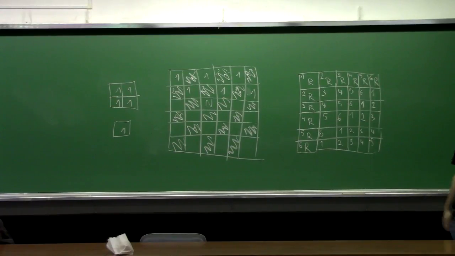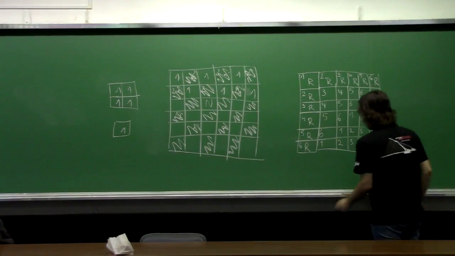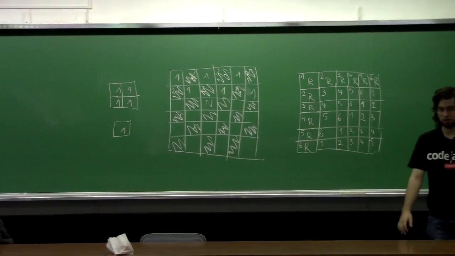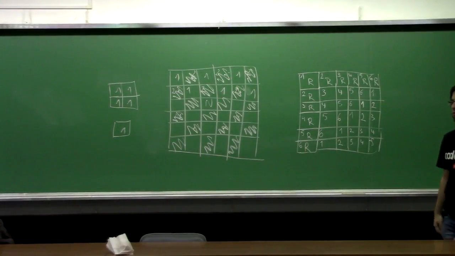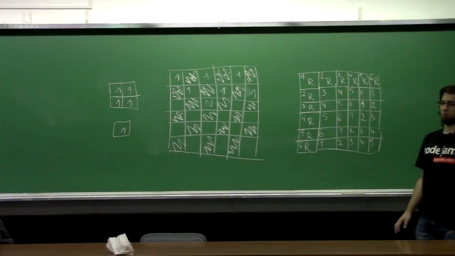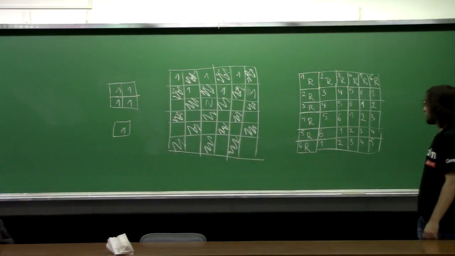So this assignment of the teams will be sufficient to make just S teams if the chessboard is S times S.